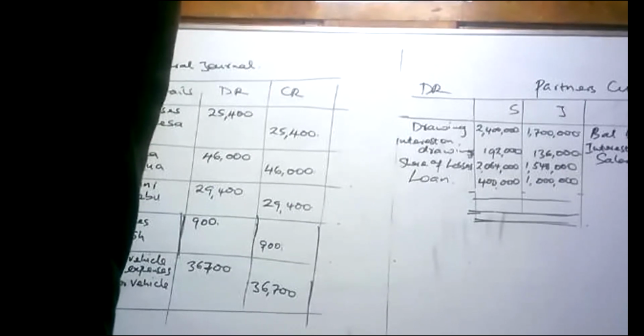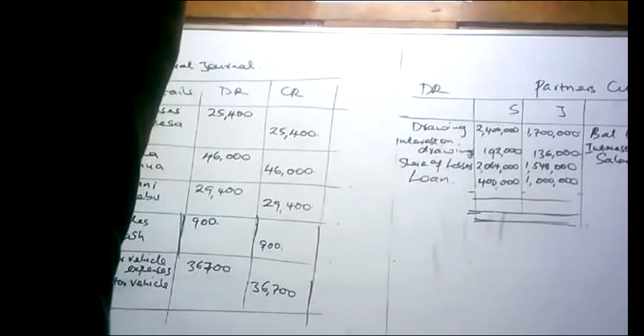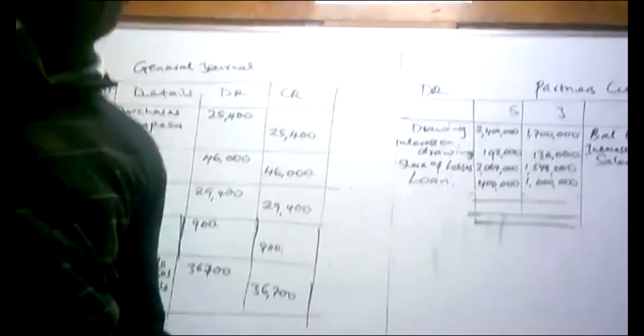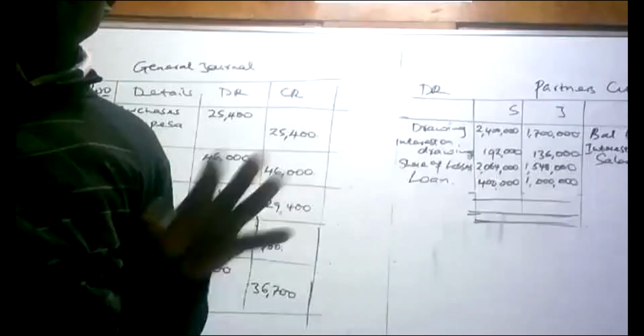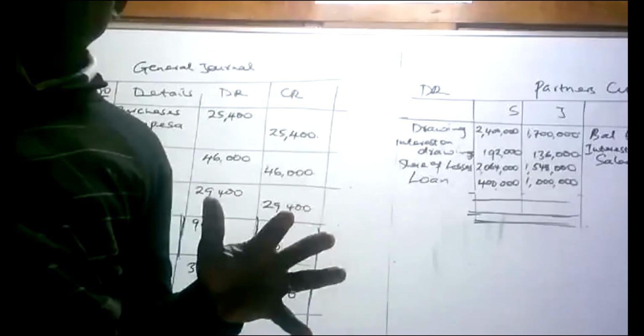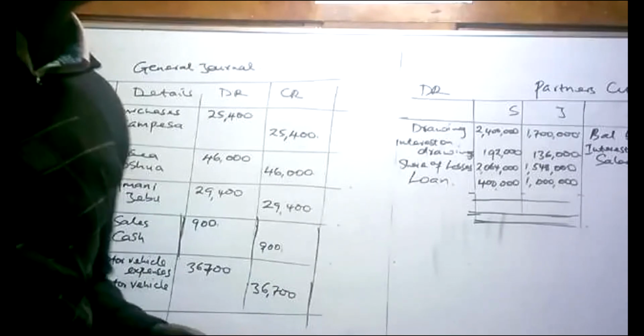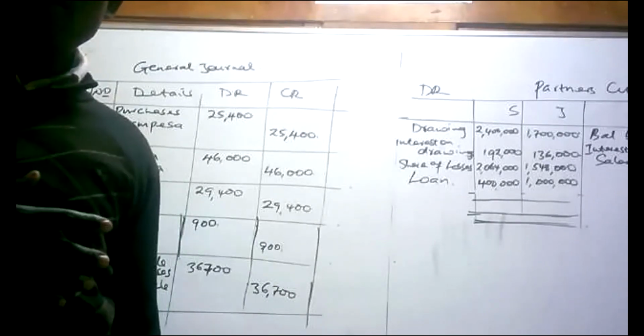Why can't it be an error of transposition? Remember what we said when we were talking about those errors. The transposition error and the error of original entry. Actually, we said transposition error is a special error of original entry.